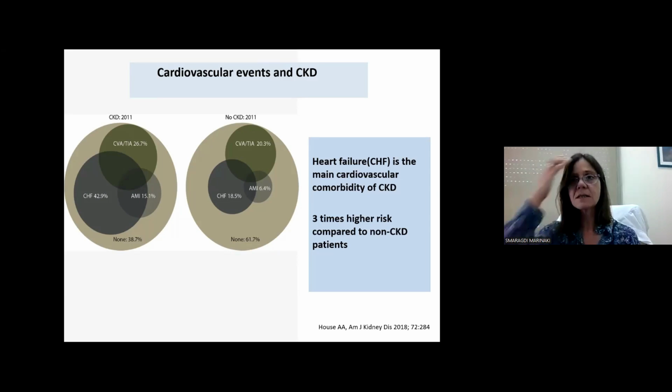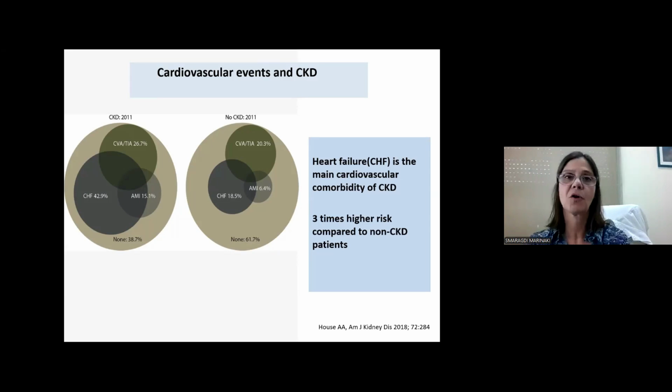Cardiovascular events are the main problems in patients with CKD, and one of them, heart failure, is the main cardiovascular comorbidity in CKD patients. As we can see here in this graph, heart failure has a 3 times higher risk in the CKD population compared to non-CKD patients.